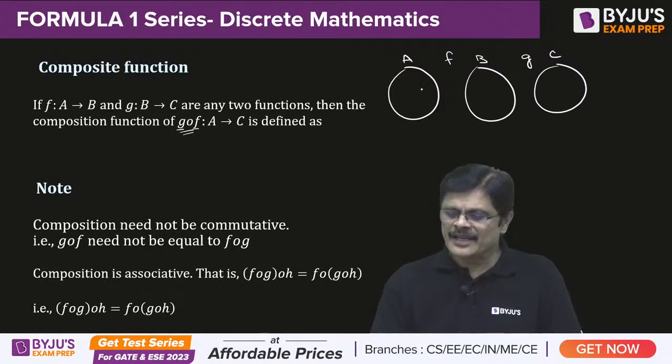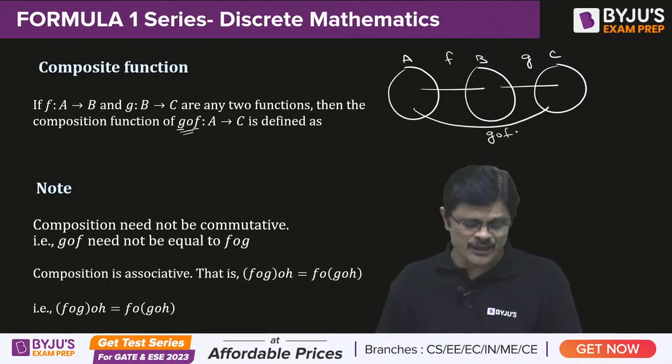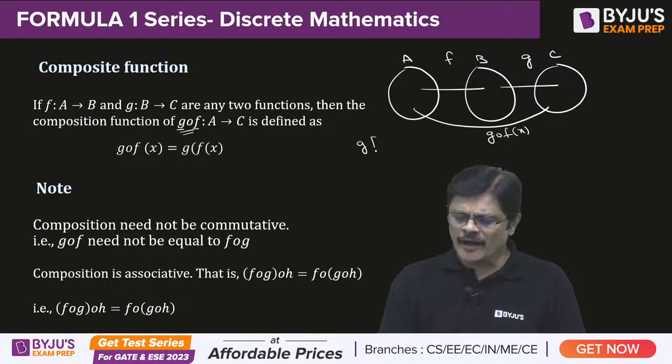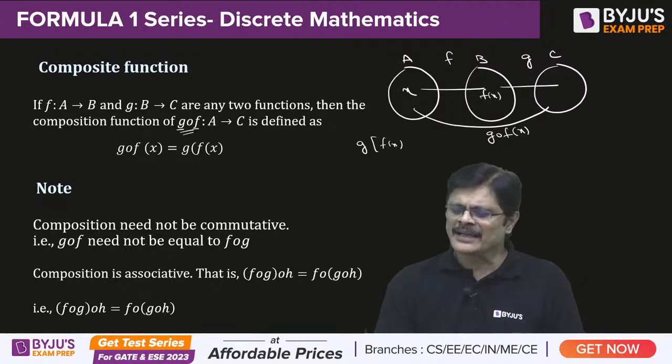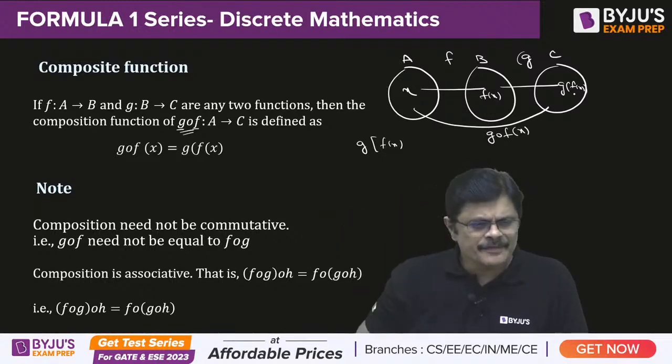G circle F is a mapping from A to C, my dear friends. And G circle f of x is defined as G of f of x. That is, x is mapped to f of x, and that f of x under G is mapped to G of f of x, my dear friends. So that is the idea.